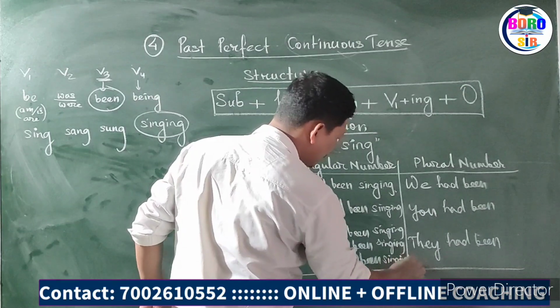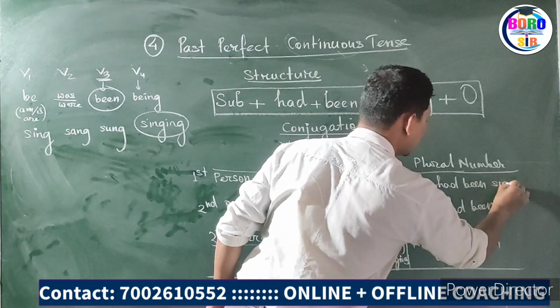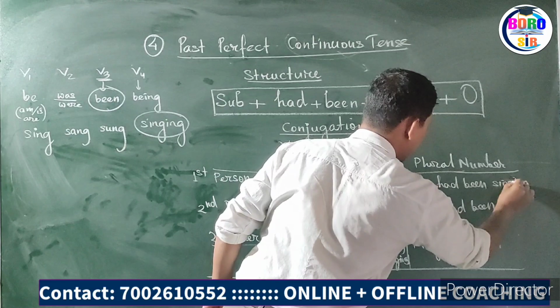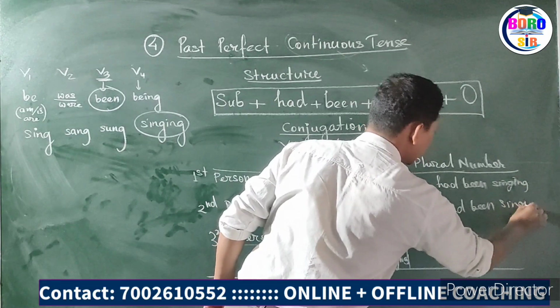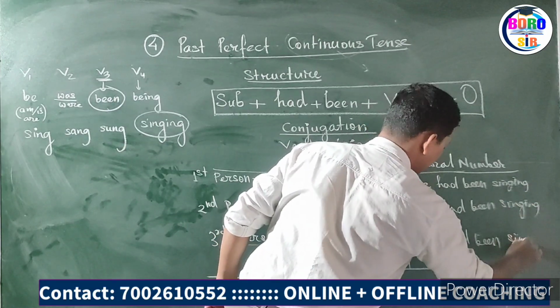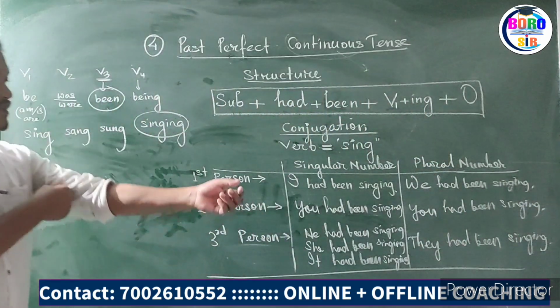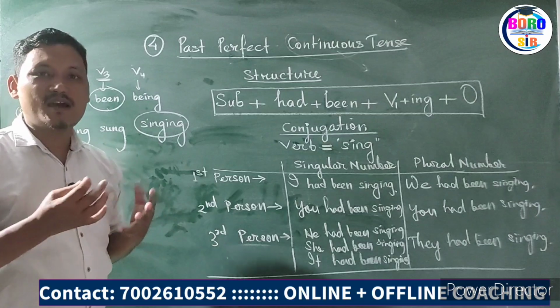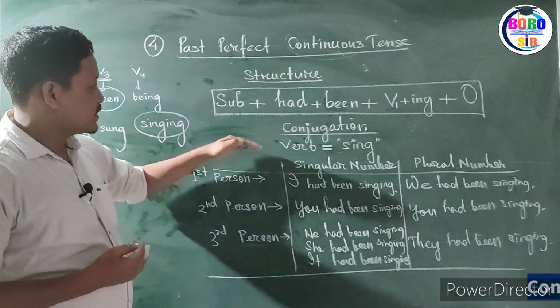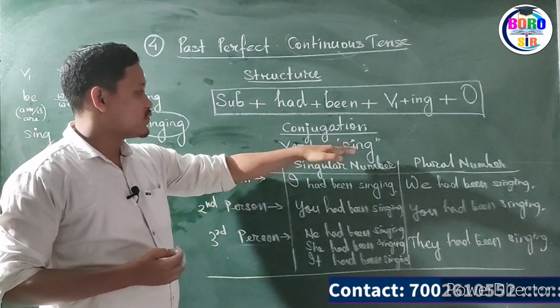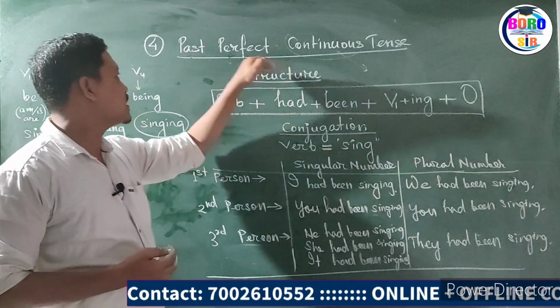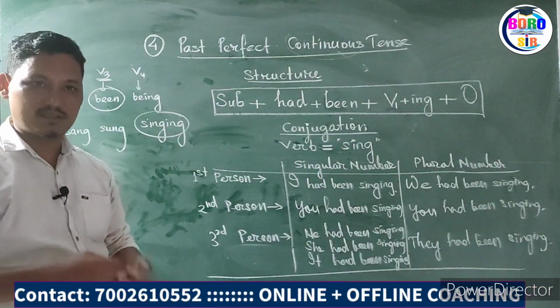This is also singing. Singing. And lastly we have written singing here. So we have done the conjugation for the main verb sing in which tense? Past perfect continuous tense, right?